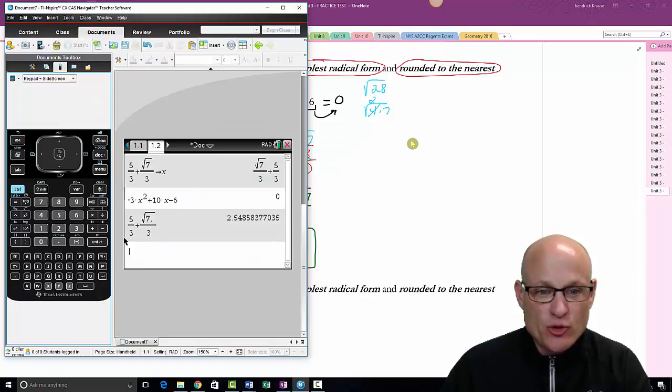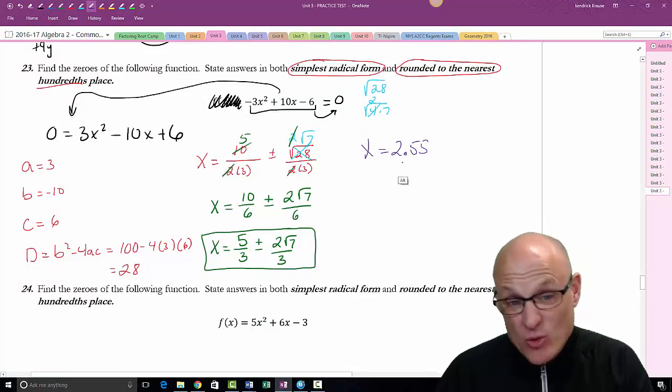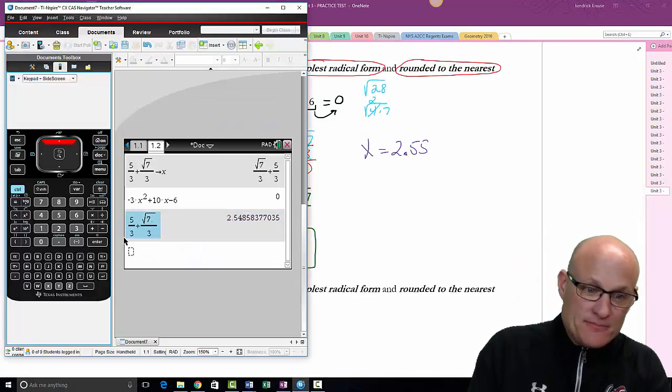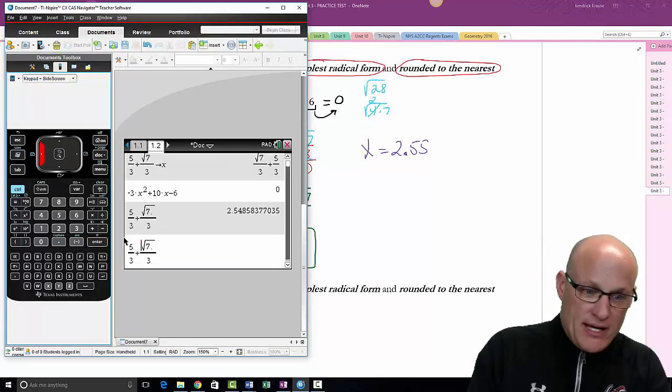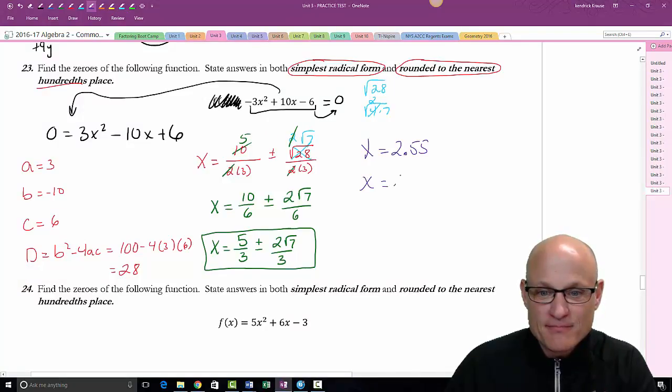So I get x equals 2.55. But I also need the other one. So I have to hit this up arrow, go back, change this to a minus, and hit enter, and 0.78. So my two answers are 0.78 and 2.55.